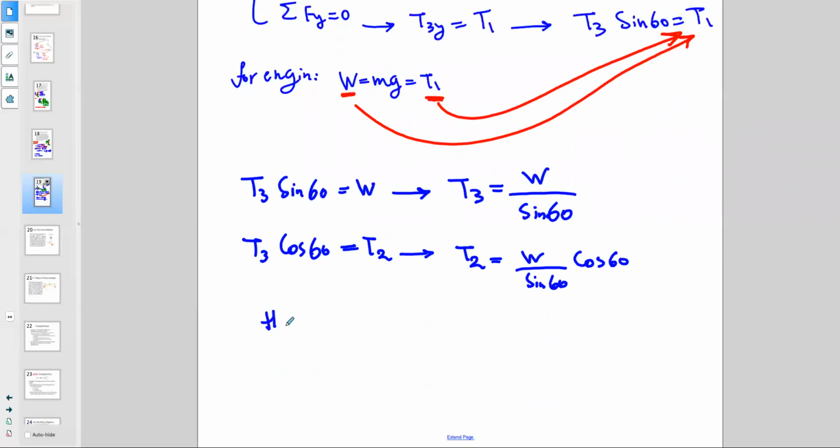And then your T2 is W times the cotangent of 60 degrees. So that's your T2. So you were able to identify T3, T2, and T1. So you're right here. Okay.